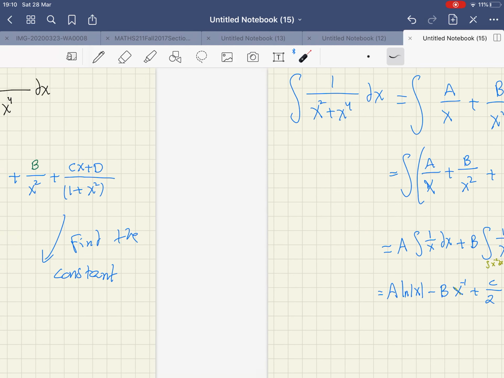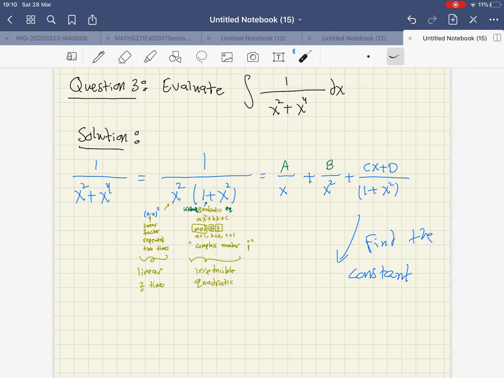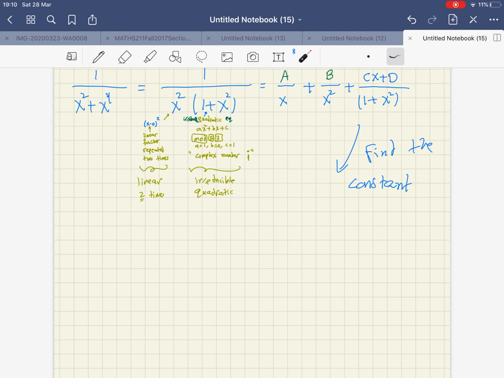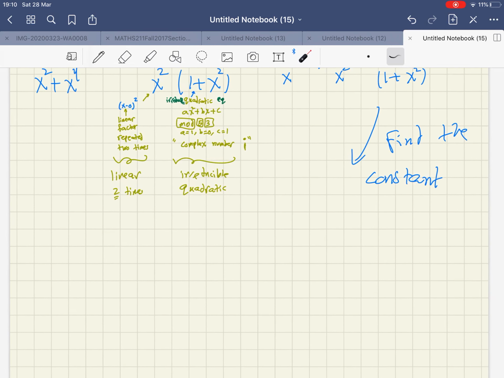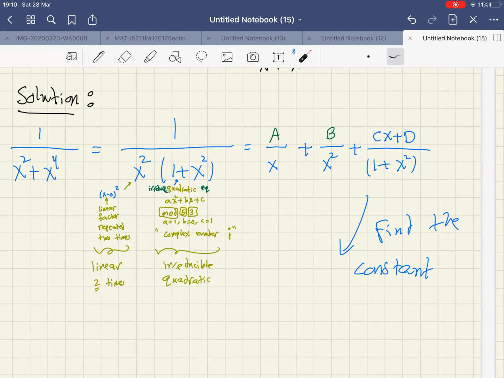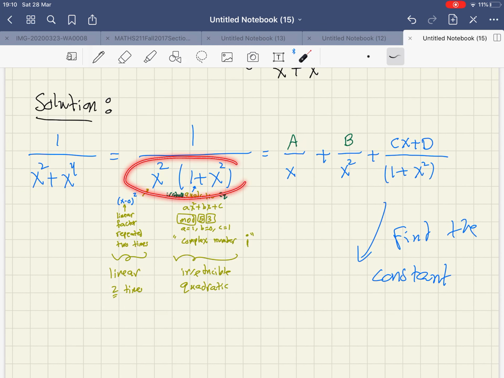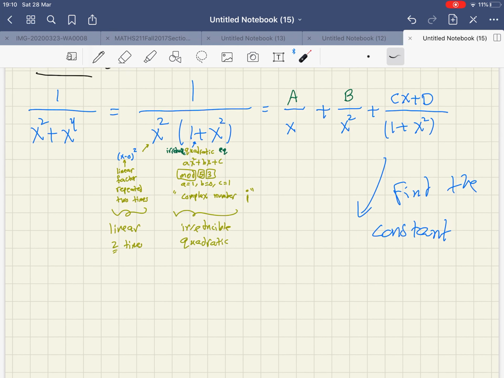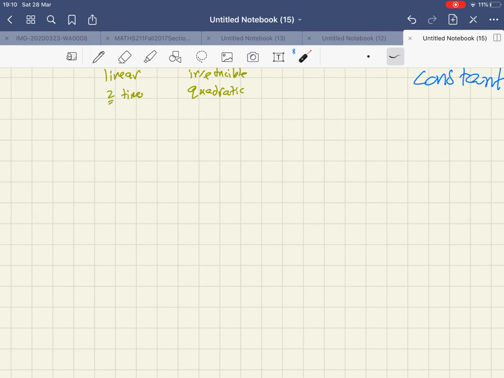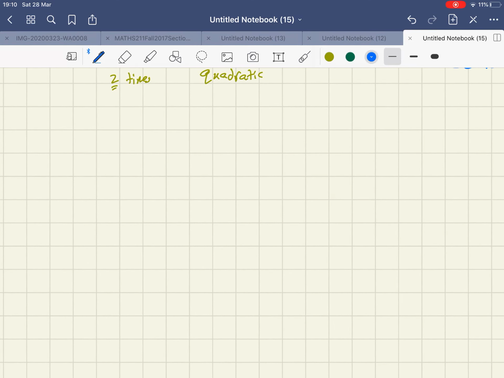Now what I will do, I will go back to this example up here, and I want to find the value of a, b, c, and d. Now, if you remember, we will do exactly the same thing as we did before. We multiply everything by this one. So just let me go here and let's do it.